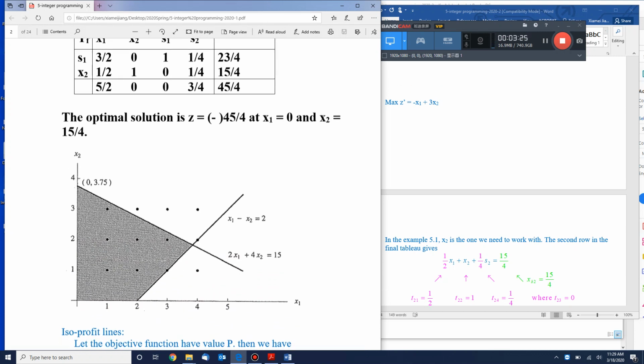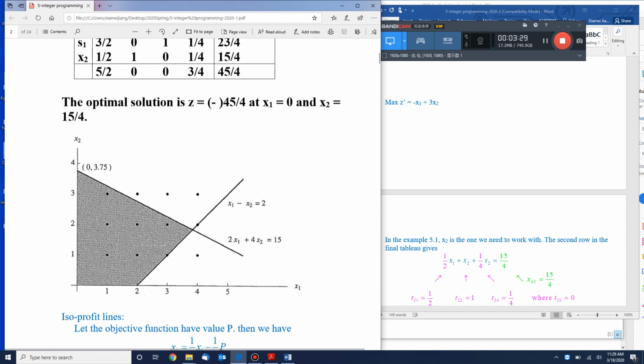You could also see that there are lots of integer points in the feasible region. For example, (0, 1), (0, 2), (0, 3), (2, 2), or (1, 3) are in the feasible region. Then which one will reach the optimal solution for the pure integer program?